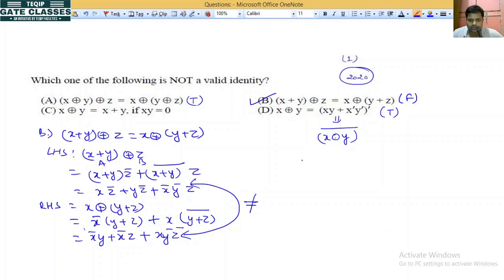Now for option C, let us check whether it is false or true.